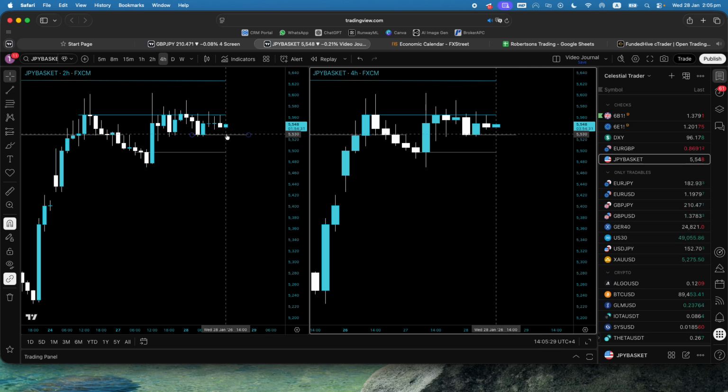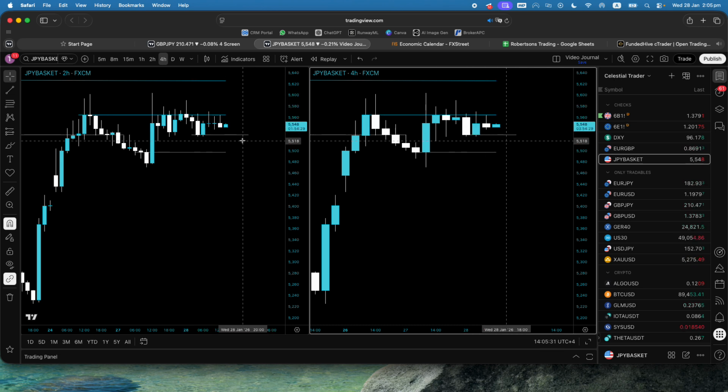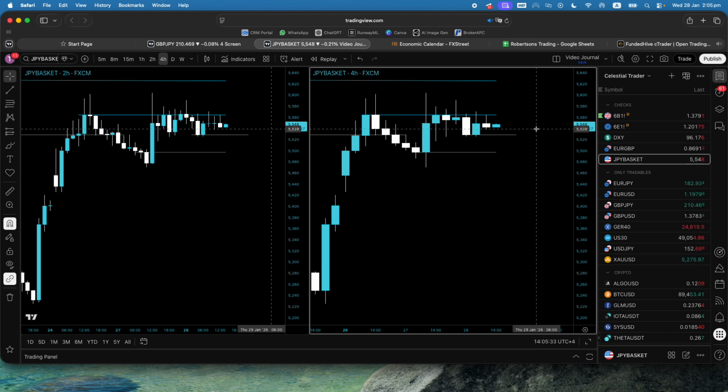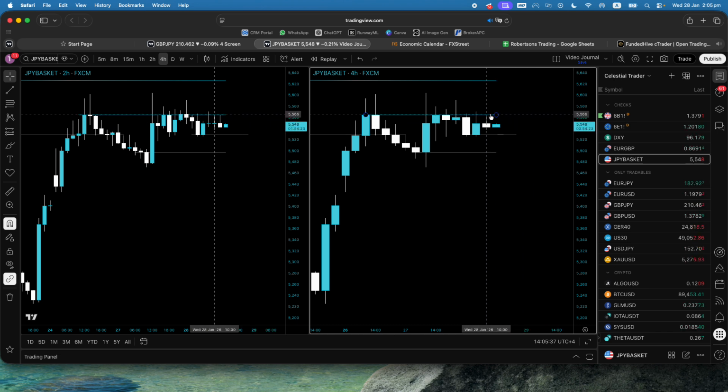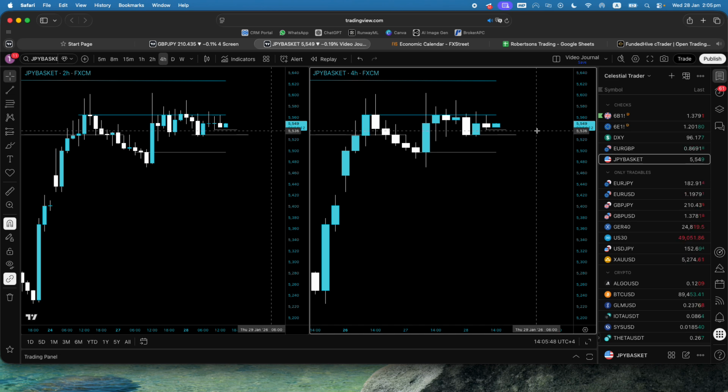The 2-hour on the side here is not really showing anything different. Essentially what we want to see now is the market break this high. Ideally we don't want it to break this low, because this would mean that one of our three things that we focus on here has become invalid.